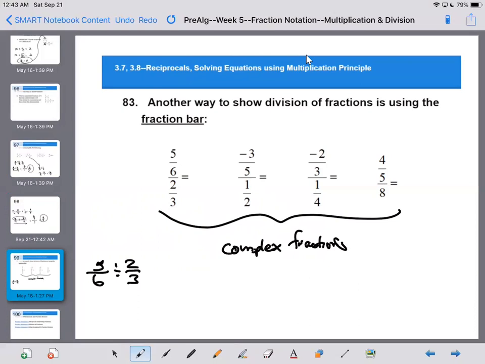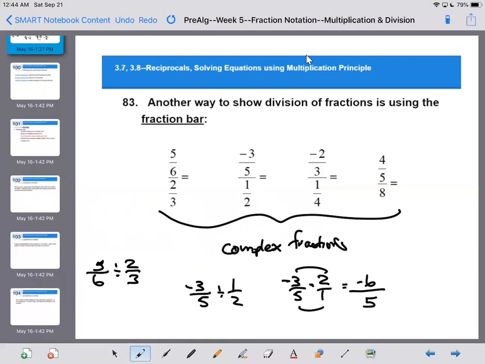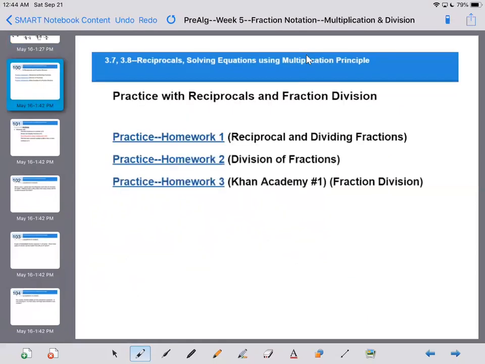So if we had -3/5 divided by 1/2, we could say -3/5 multiplied by 2 to 1 and multiply to get -6 and multiply to get 5. So -6/5. So there's some practice on reciprocals, multiplying by the reciprocal, especially if you're in division of fractions and you want to multiply, then you would have to change the divisor and take the reciprocal of it.